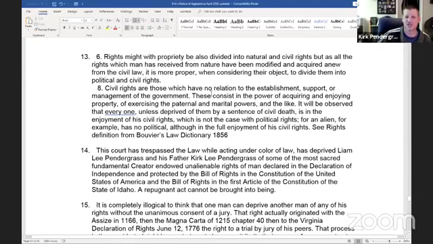Civil rights are those which have no relation to the establishment, support, or management of the government. These consist of the power of acquiring and enjoying property, right there, right? The power of acquiring and enjoying property, of exercising the paternal and marital powers, and the like.